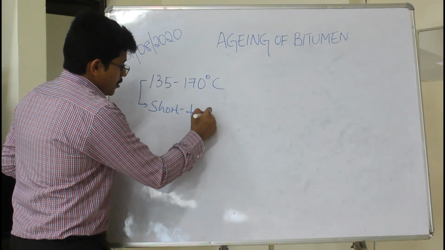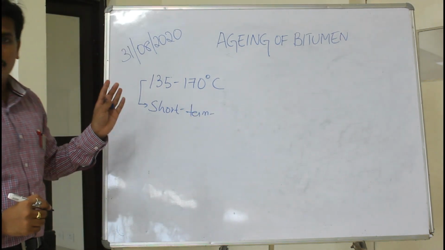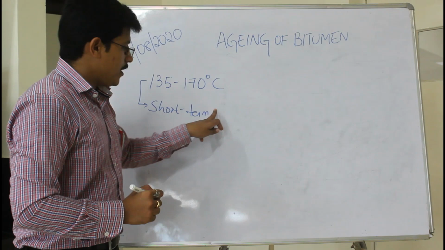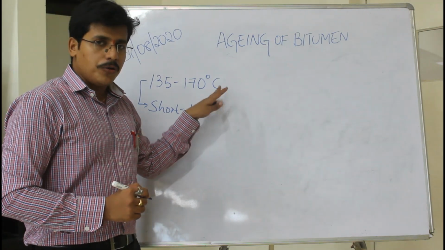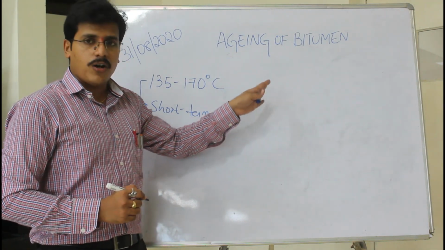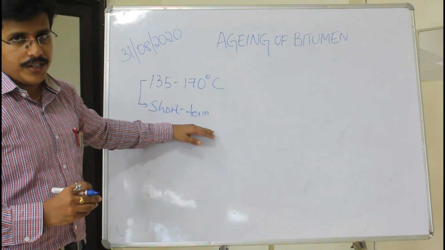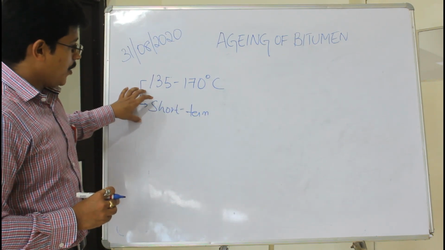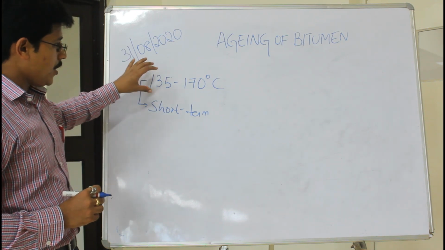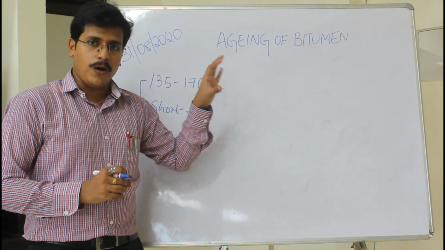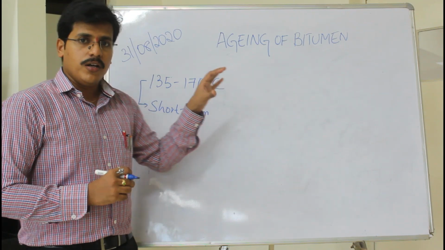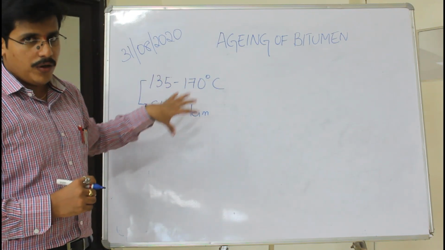Because it is subjected to a very short duration, from the time it is being heated in the mix plant to the time it is laid, compacted and cooled. In short-term aging, the bitumen is a small coating around the aggregates, which will undergo aging, and we call it short-term.